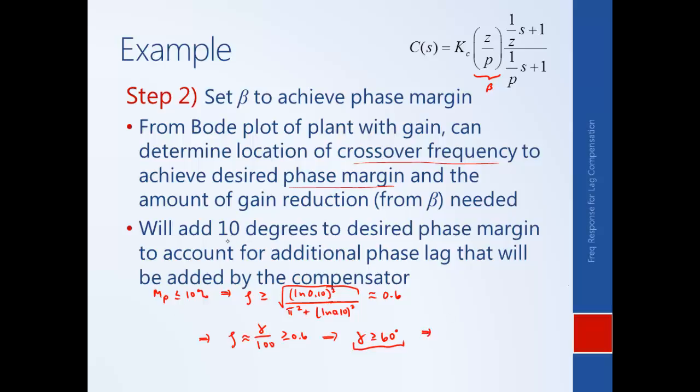We're going to go ahead and add this extra 10 degrees to account for the phase lag that's going to be added by the compensator. So we're going to shoot for a phase margin of about 70 degrees.